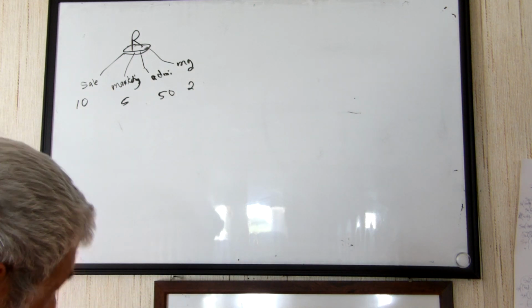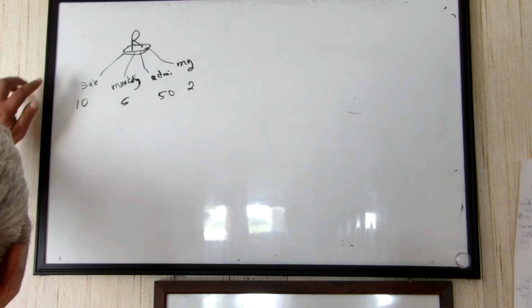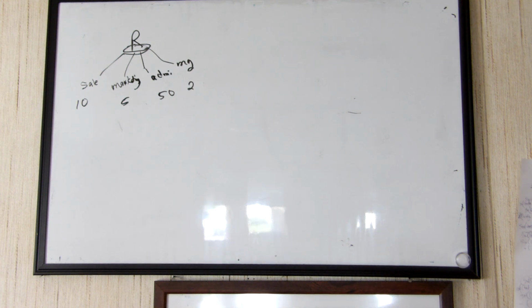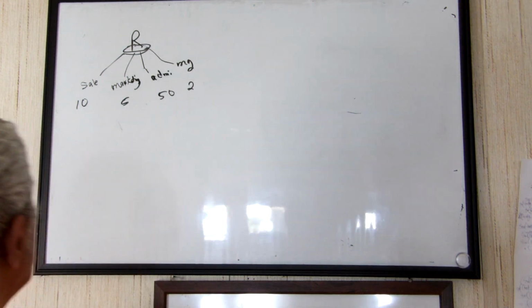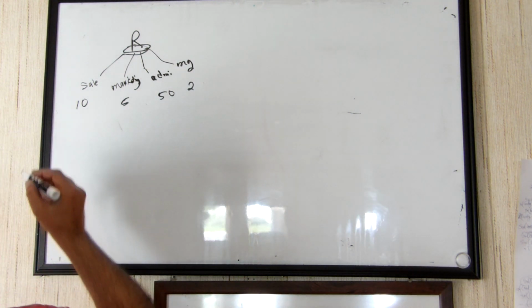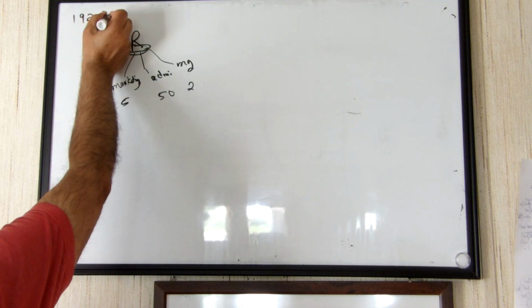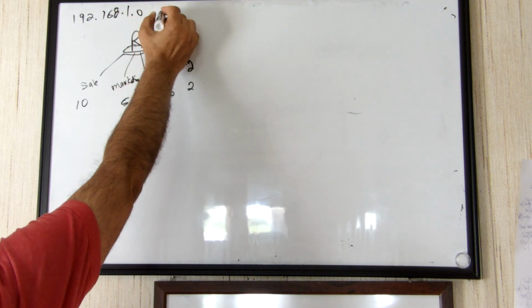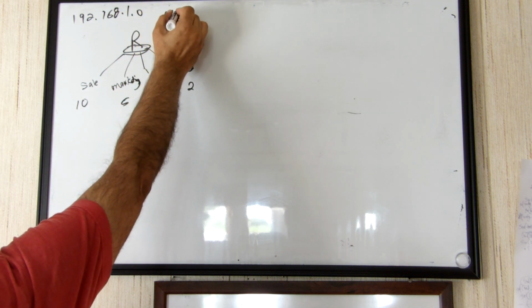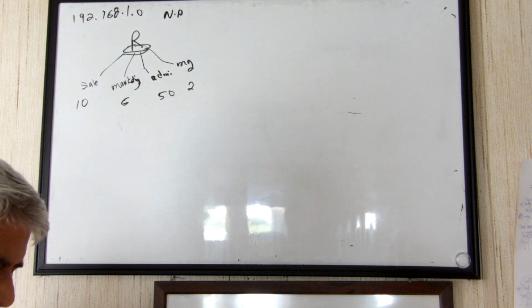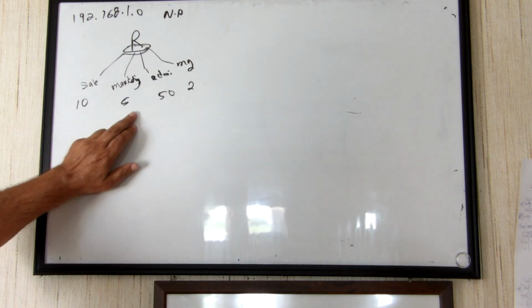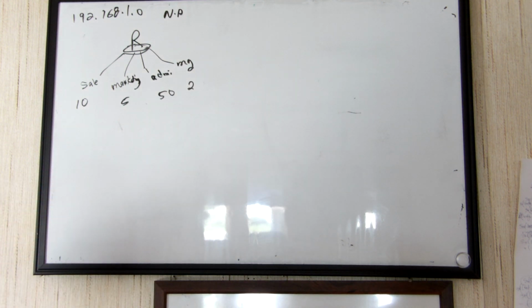Let's use subnetting. The ISP gives you a network address like 192.168.1.0, and you want to use it in these departments.